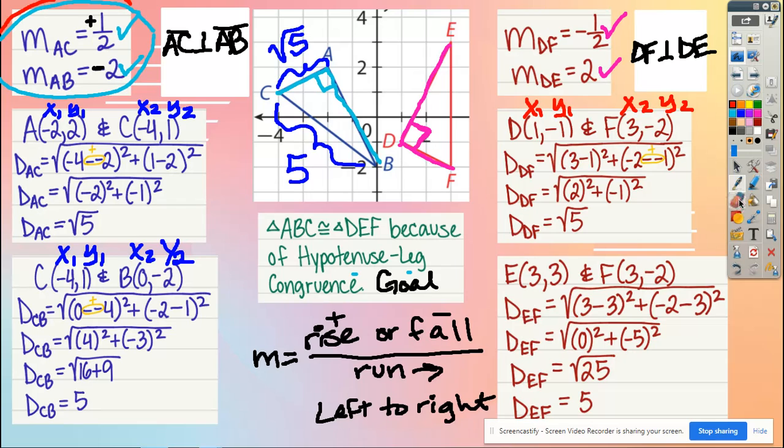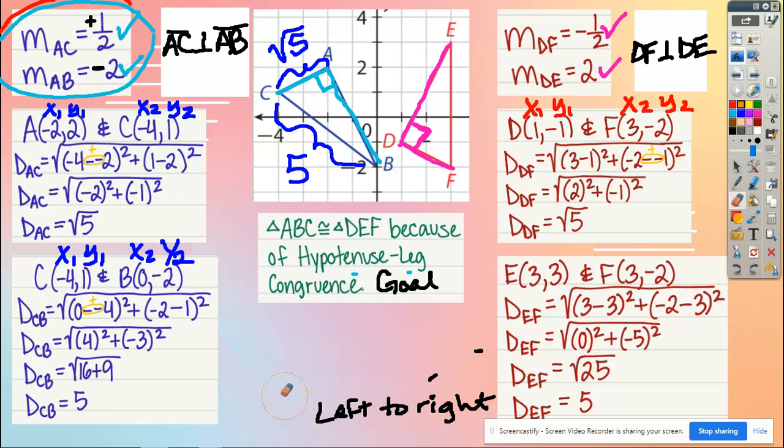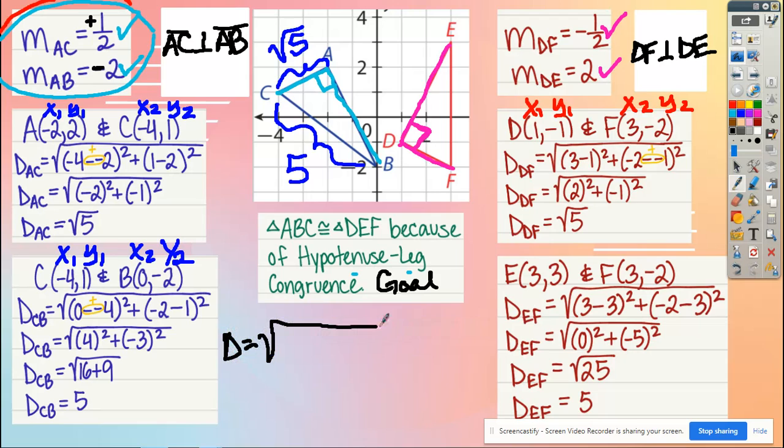At this point, I did realize that I did not include the distance formula, so I am going to include it here. Now that you learned your slope formula, here's a refresher on the distance formula. Your distance formula is your change in x's, which is the distance between the x's, squared, plus your change in y, again, that's just the distance between the y's, squared. And then everything is contained within a square root.